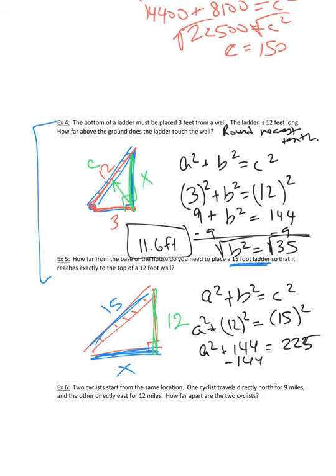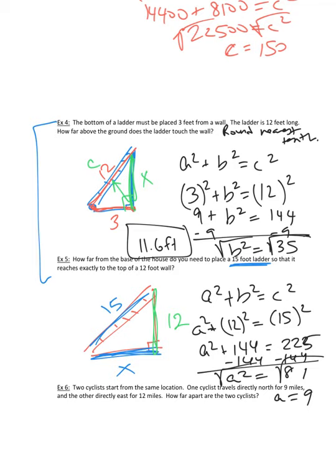I'm going to subtract 144 from both sides. I have a squared equals 81. So take the square root, and it's a perfect square, so a equals 9. So you would have to place the ladder 9 feet from the wall.